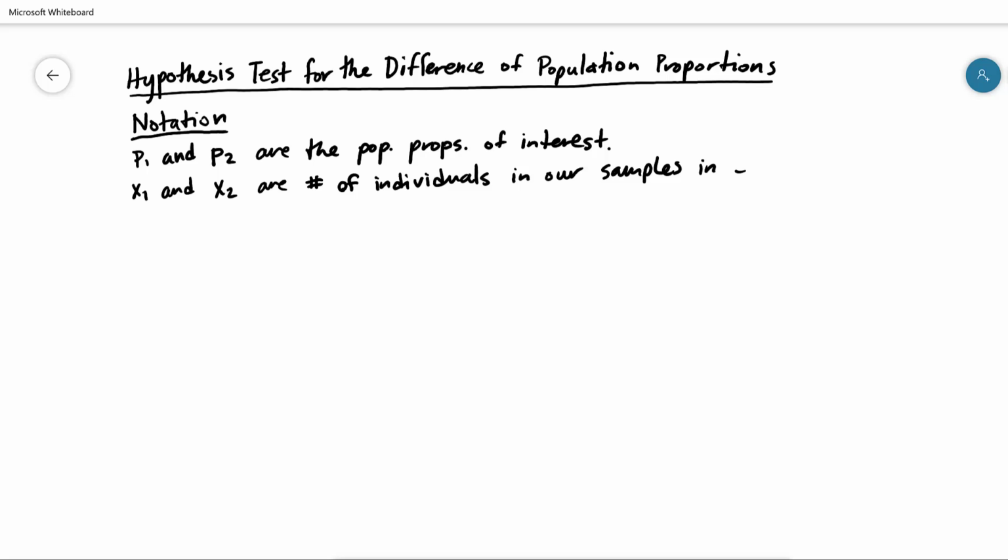So in the category of interest. We're also going to have N1 and N2, which are going to be the 2 sample sizes.